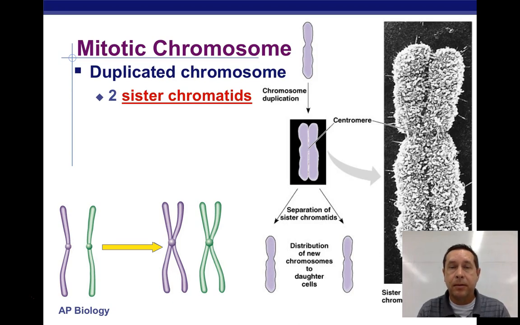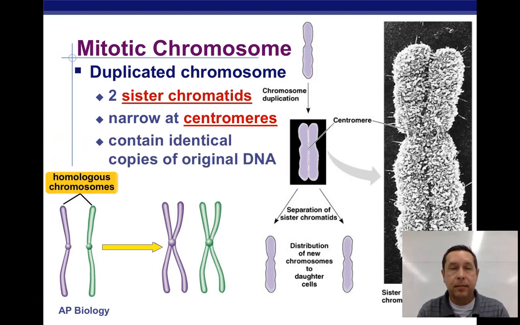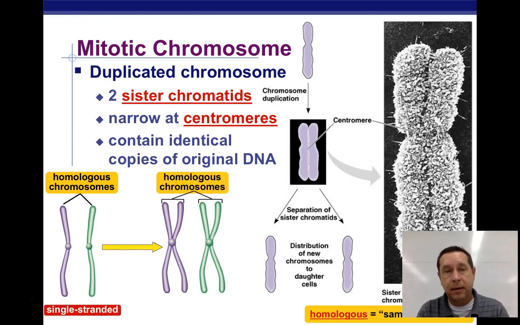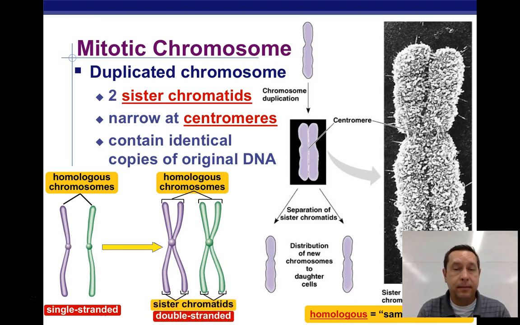So that duplicated chromosome is made up of two sister chromatids joined together at the centromere. So we call these homologous chromosomes. Homologous simply means they have the same information. Single-stranded, double-stranded homologous chromosomes made up of sister chromatids.